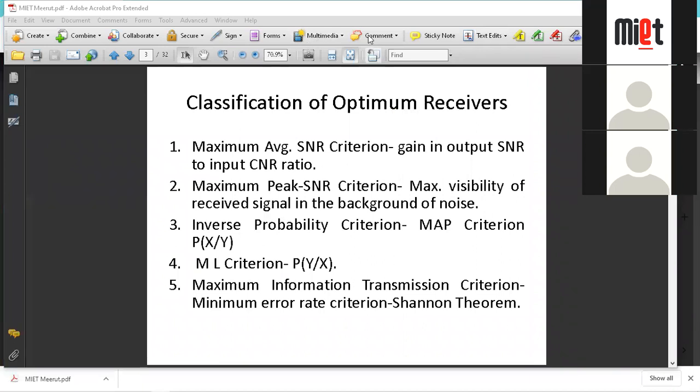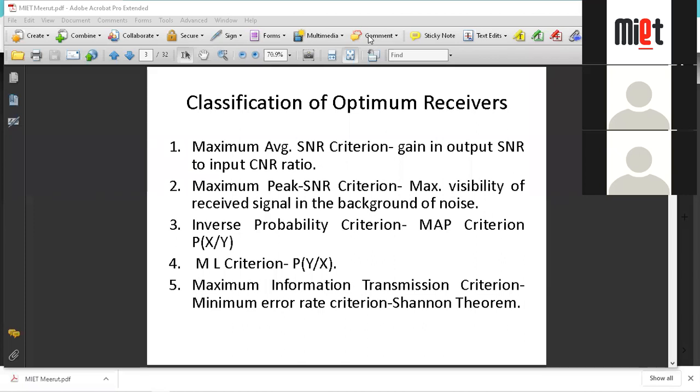The first concept based on which we can classify is the maximum average signal to noise ratio criteria. If the signal to noise ratio is increasing, it means it's going towards the optimum.